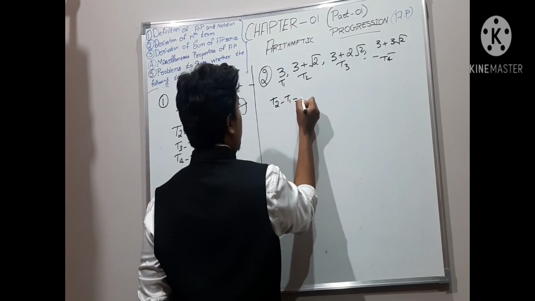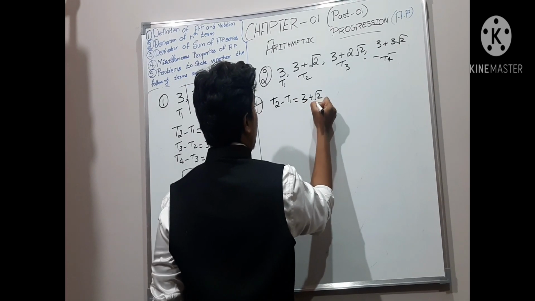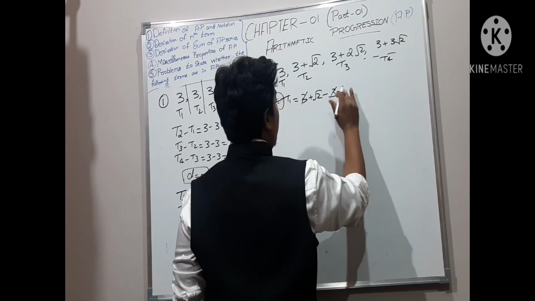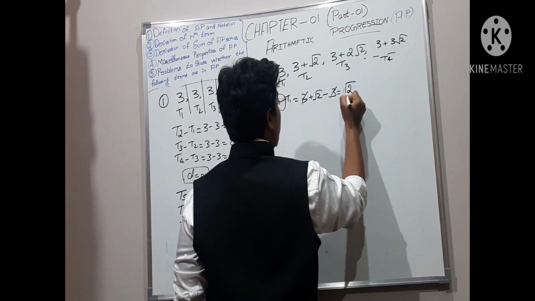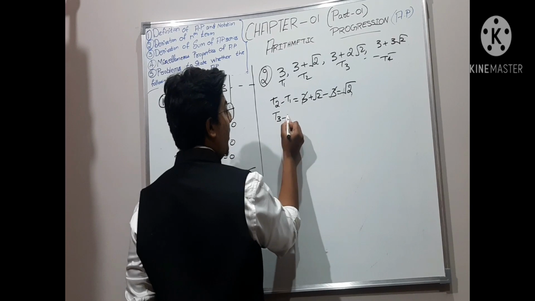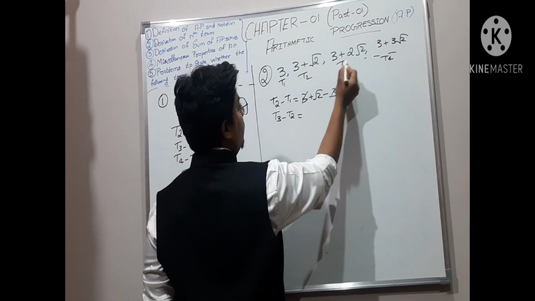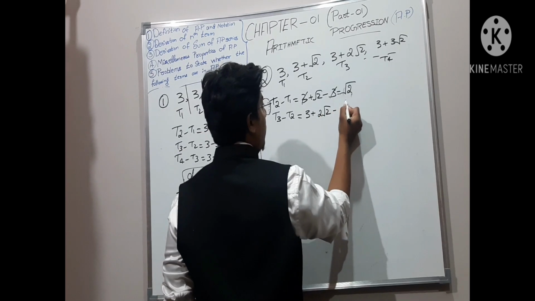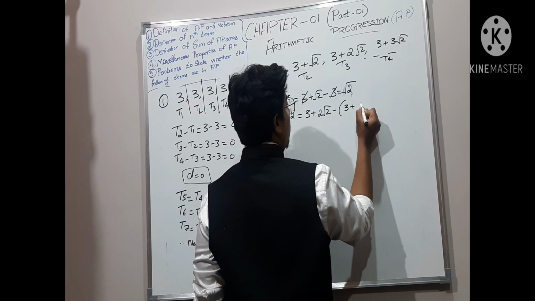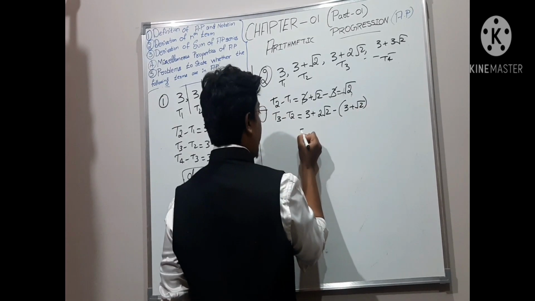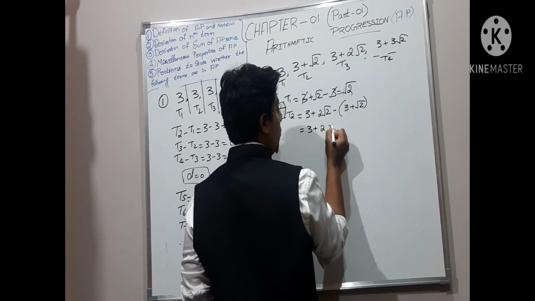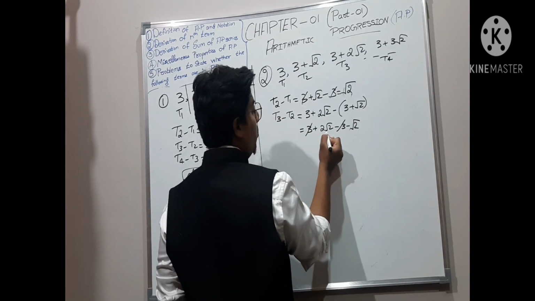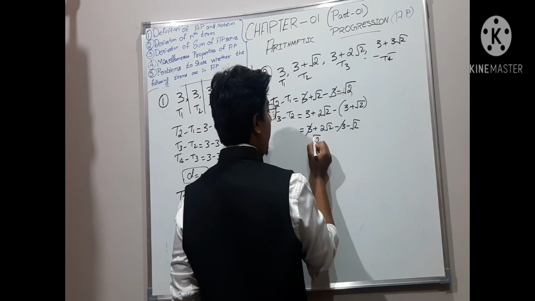T2 minus T1 is equal to 3 plus root 2 minus 3. We get root 2. Similarly, T3 minus T2 is equal to 3 plus 2 root 2 minus (3 plus root 2). Now we get 3 plus 2 root 2 minus 3 minus root 2. The 3 cancels, 2 root 2 minus root 2, we get root 2 only.